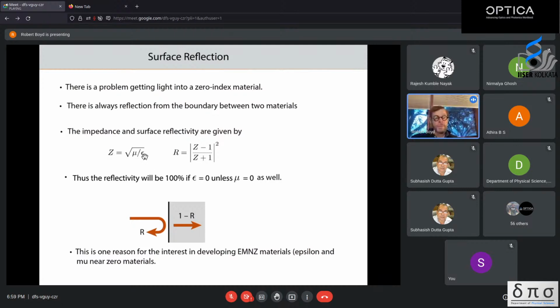So we see that if epsilon is equal to 0 and mu is 1 or some other non-zero value, the reflectivity will be 100%. So we really need materials in which both epsilon vanishes and mu vanishes, and they both vanish in such a way that the ratio of mu over epsilon remains finite. So this is the background motivation for people who are studying epsilon and mu near zero materials.